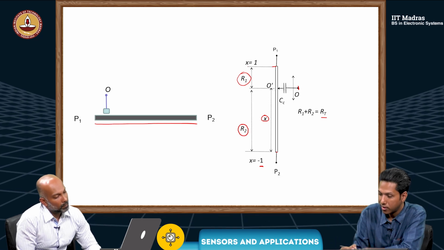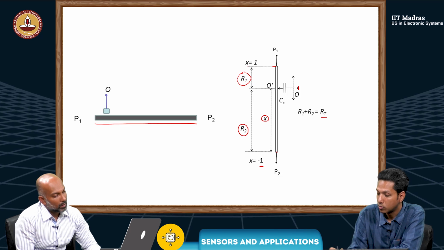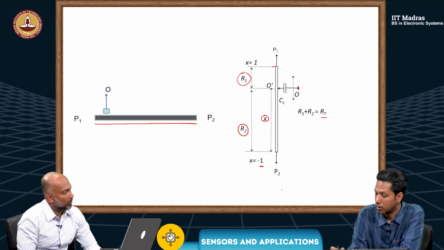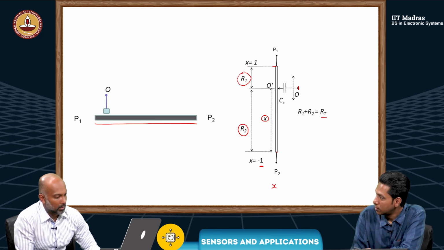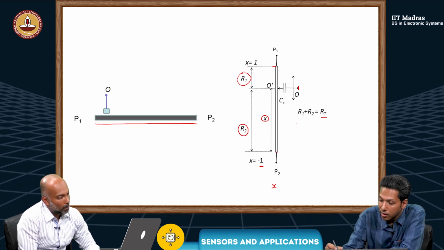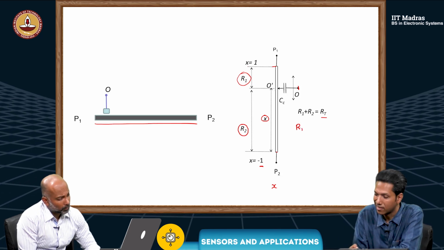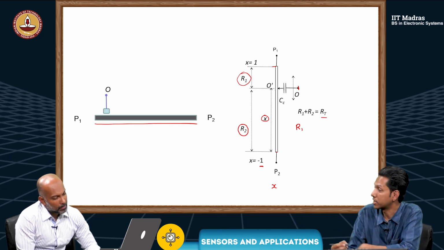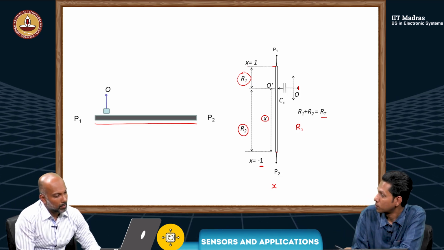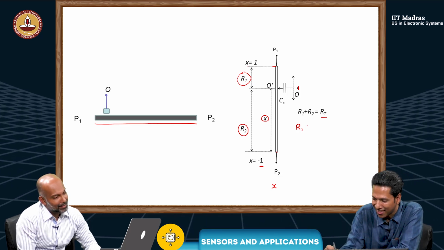So total resistance is RT. This is R1, this is R2. And in this position, it's R1 plus R2. Correct. And finally, what I want to measure is X. Yes. So can we somehow represent this R1 in terms of X and maybe RT, because RT is fixed anyway. Yeah, RT is fixed. We can try. Let's try.